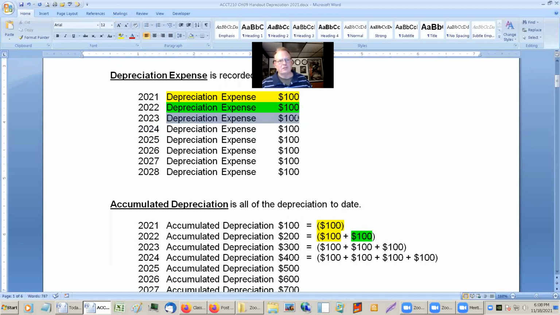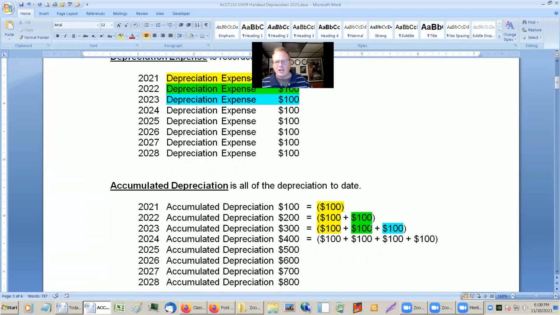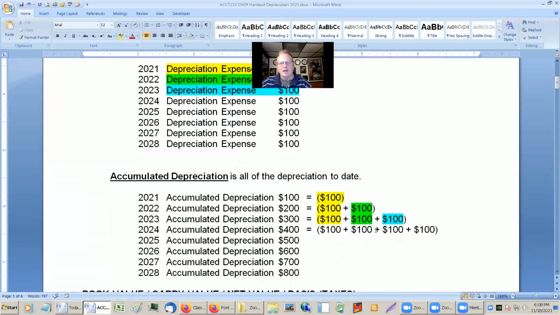And third year. So you can get the idea that it just keeps adding up until at the end, it's going to be accumulated depreciation.